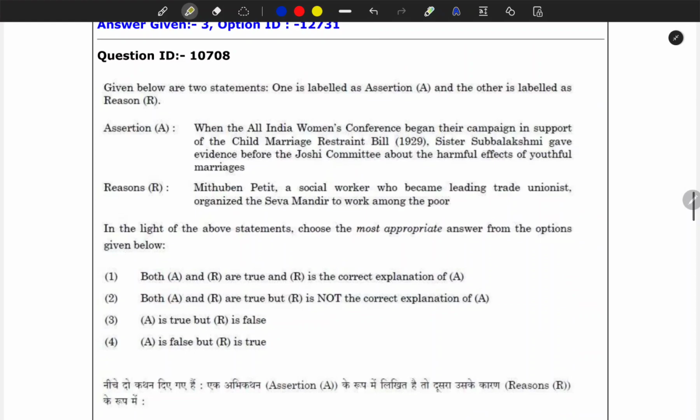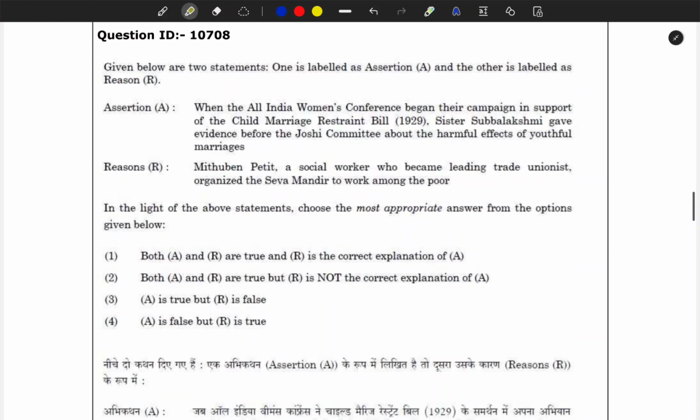Next question. You might be finding it very difficult to approach this kind of statement and reason question, but this is actually only a 3 option question. I will not consider one option after reading these two statements. I'll tell you why.